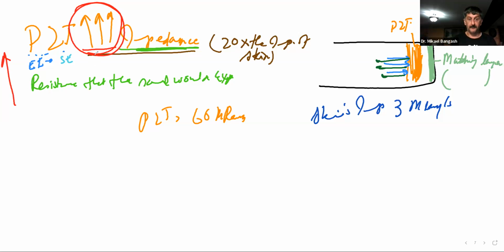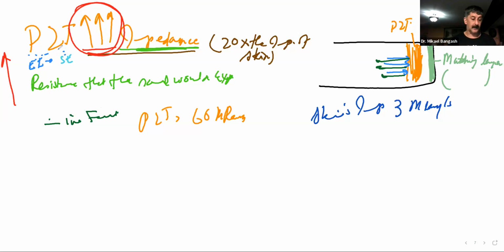So this great impedance is a negative factor of your PZT. But you can't do without the PZT because you have to convert the electrical energy into sound energy. Is that clear?